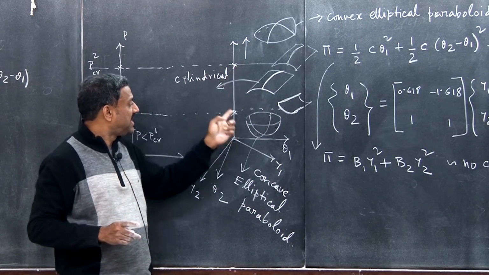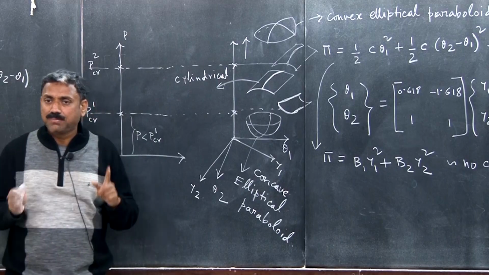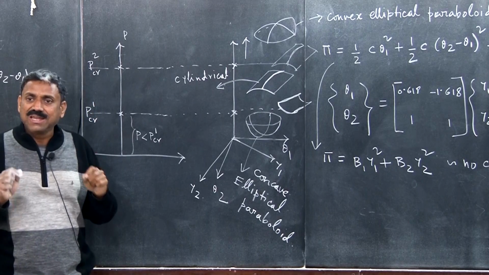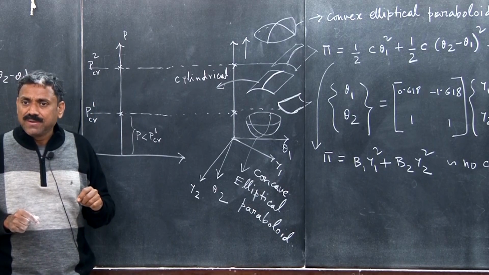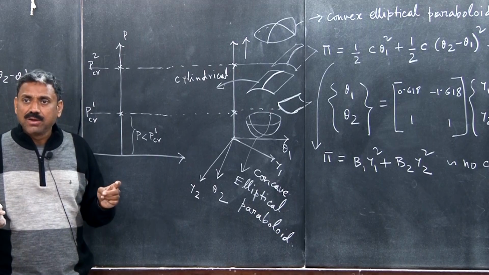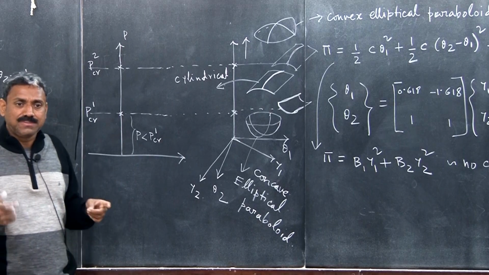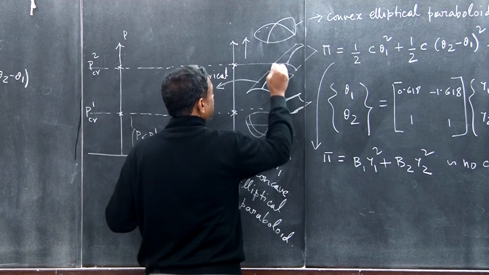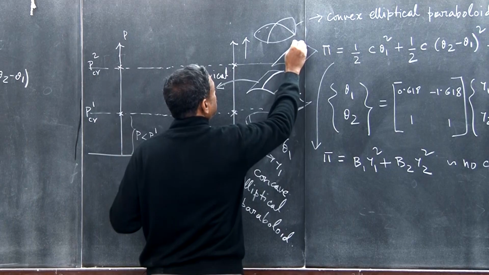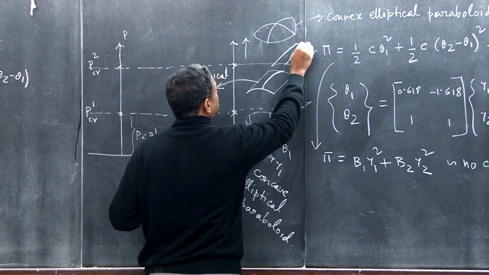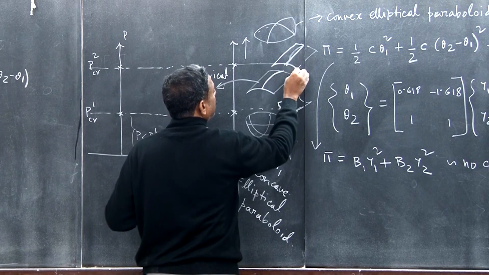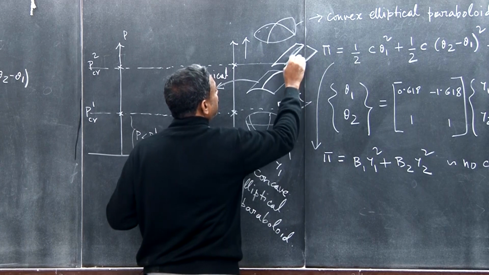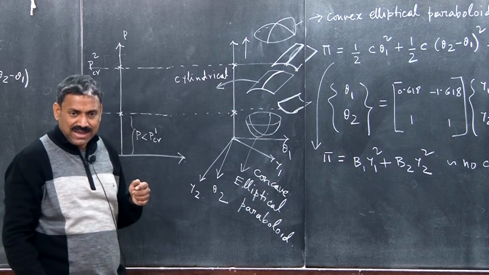That's what is happening at PCR1 and PCR2. Because at PCR1 and PCR2, your Hessian is vanishing. If Hessian is vanishing, that means the equilibrium is neutral. That means here you see that at this point and this point, one surface needs to be cylindrical, then only it will be neutral equilibrium. Clear?